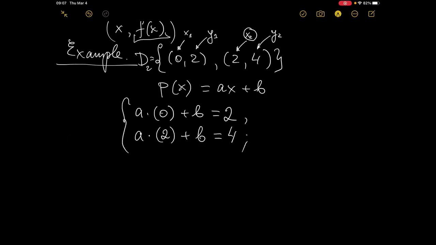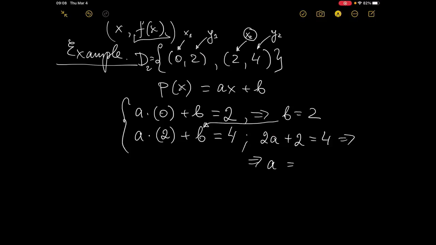So I can solve it. From here, I will get that b equals 2 immediately. And then I substitute it here, I'm getting 2a plus 2 equals 4. Correspondingly, I got that a equals 1.